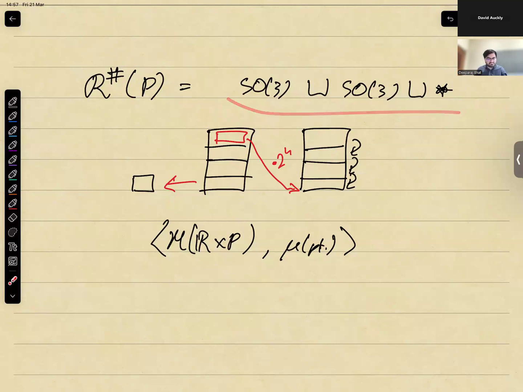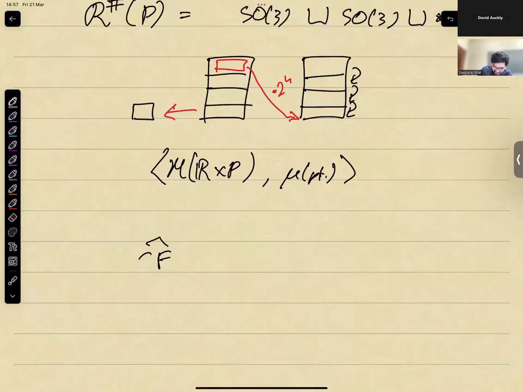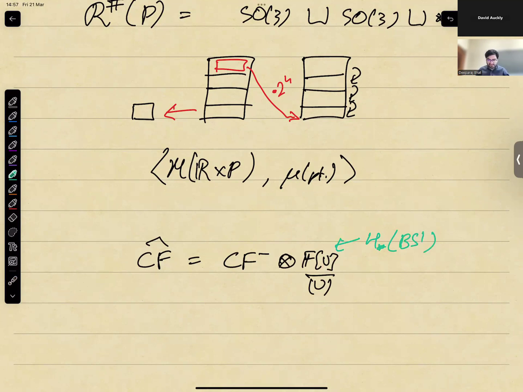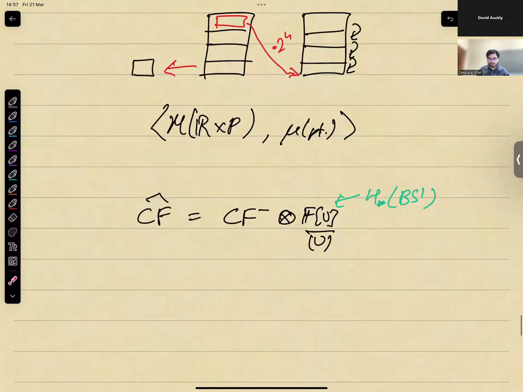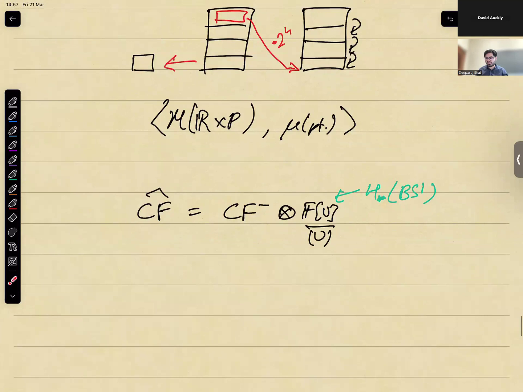But you should think of this as how HF hat, at least at the level of complexes, can be seen as CF minus tensor F[U] mod U. And this U action is coming from homology of BS1, because if you compare with monopole Floer theory, for example, Heegaard Floer ought to be like an S1 equivariant gauge theory, I guess.